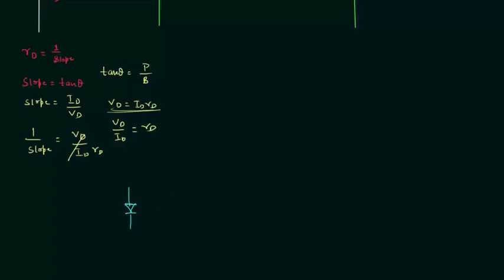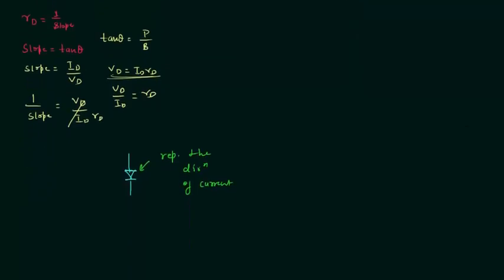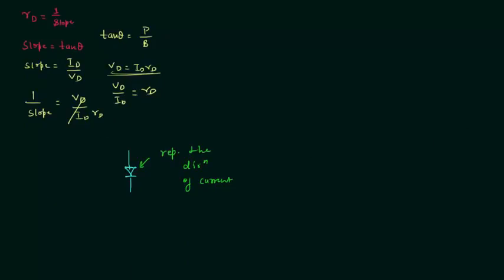Then we have the barrier potential VB, which opposes the flow of current, so the polarity will be like this.